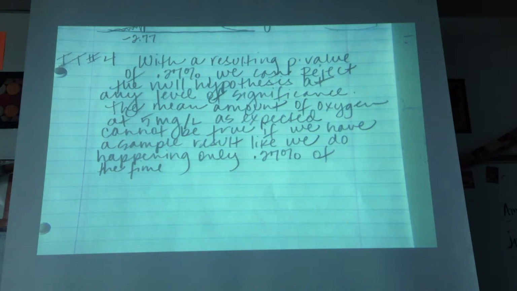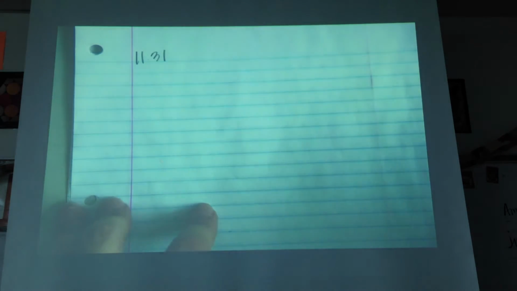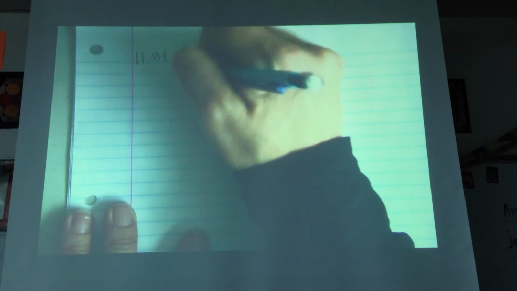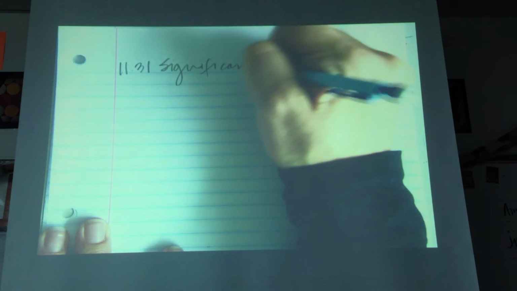I'm going to move on to problem 31, and problem 31 is on page 712. Now when we get into 31, we start looking at that whole connection between confidence intervals and significance tests. I mentioned the connection in class today.